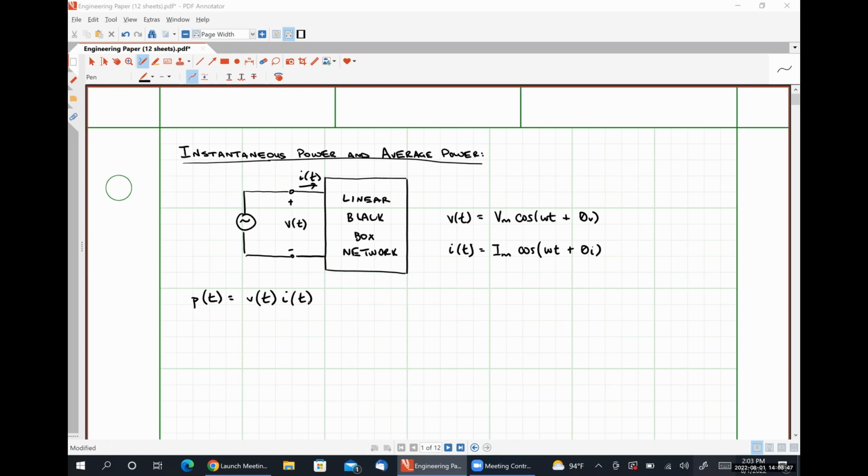But in order to do so, I need to introduce a trig identity that tells us the rules for multiplying cosine functions together.